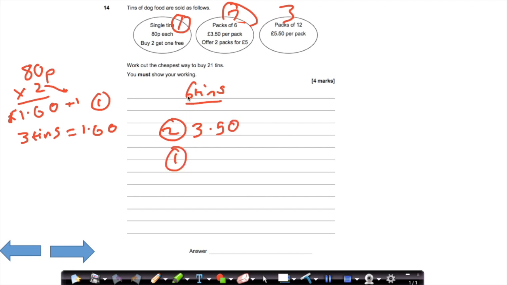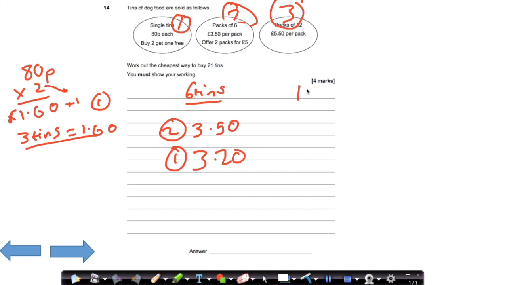For offer number 1, if we wanted 6 tins, we know 3 tins is £1.60, so if we double that, 3 tins times 2 is 6 tins, £1.60 times 2, £3.20. So our first mark can be awarded for showing a comparison, 6 tins, £3.20 versus £3.50. Offer number 3 only kicks in when you want to buy more than 6 because it only gets sold in packs of 12.